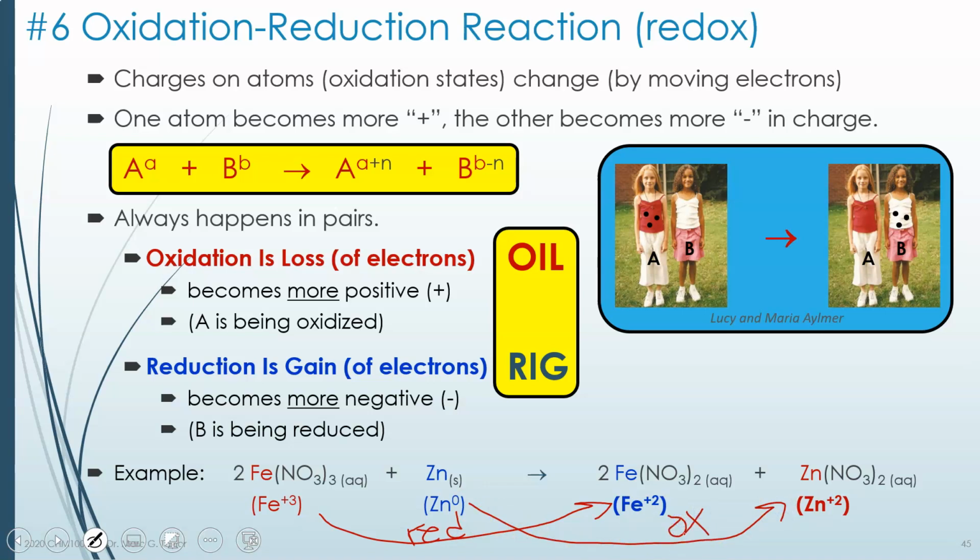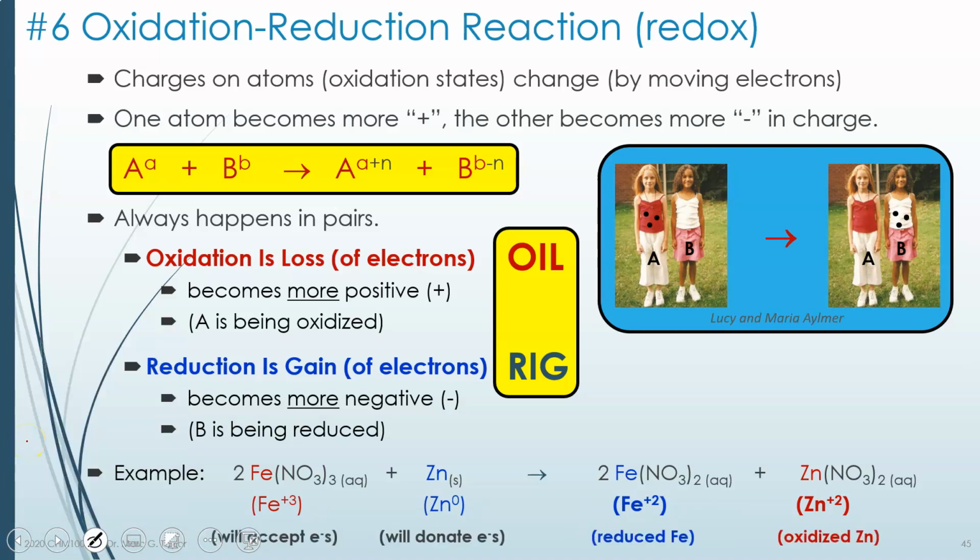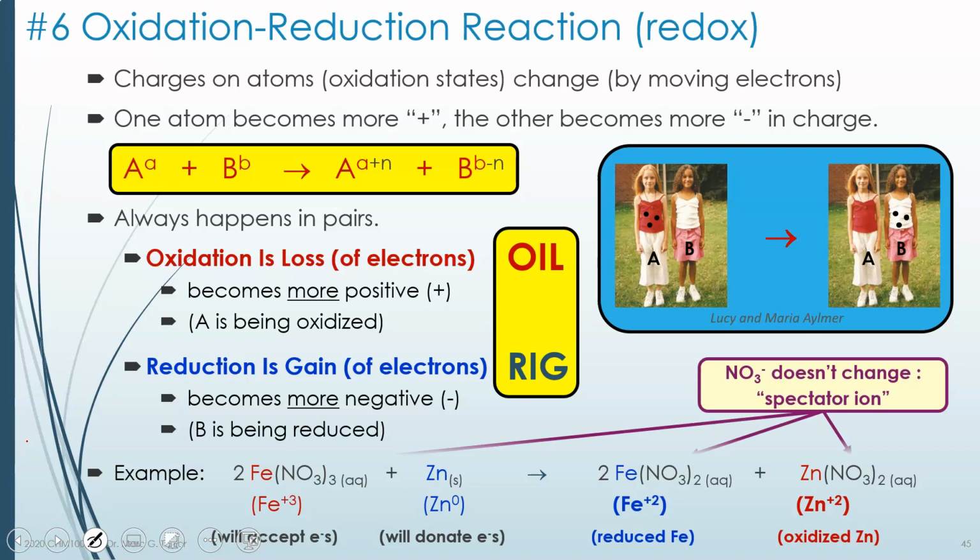So we have an oxidation reduction reaction. So iron +3 is accepting electrons, it's being reduced. The zinc is losing electrons, it's donating them, so it's being oxidized. And you'll notice the nitrate is not changing. It's still nitrate before and after, so nitrate is the spectator ion. The oxidation states of the nitrogen and the oxygen in nitrate didn't change at all.